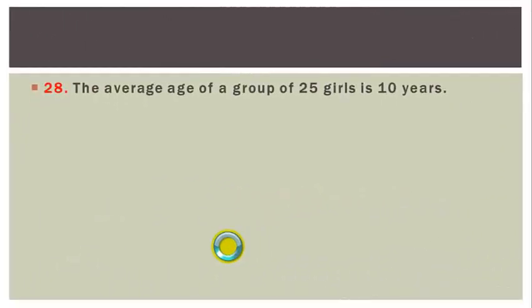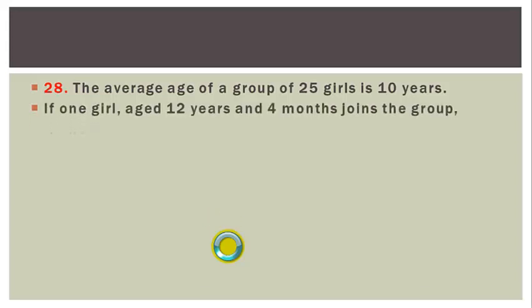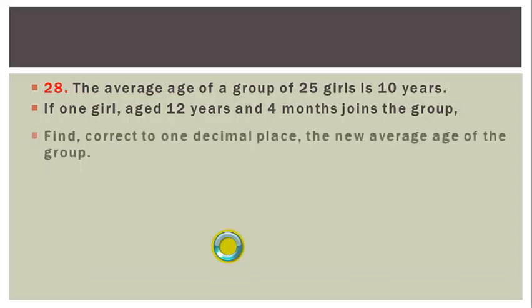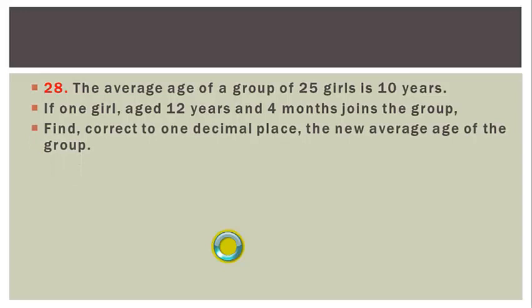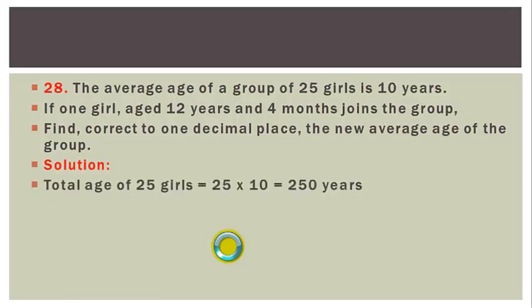28. The average age of a group of 25 girls is 10 years. If one girl aged 12 years and 4 months joins the group, find, correct to 1 decimal place, the new average age of the group. Solution. The total age of 25 girls is 25 times 10, which is equal to 250 years.